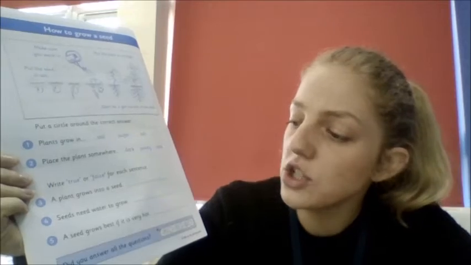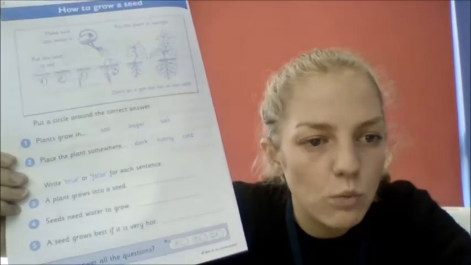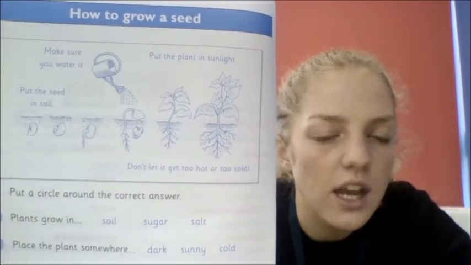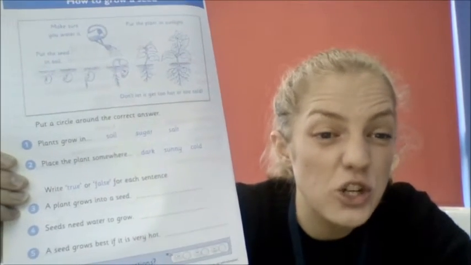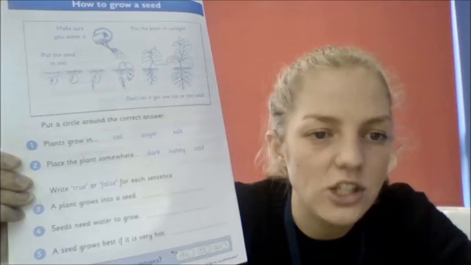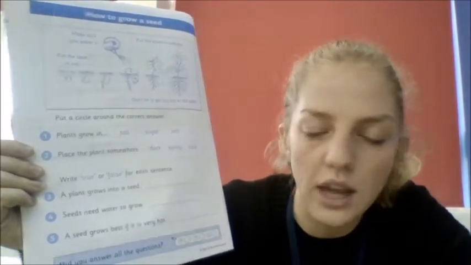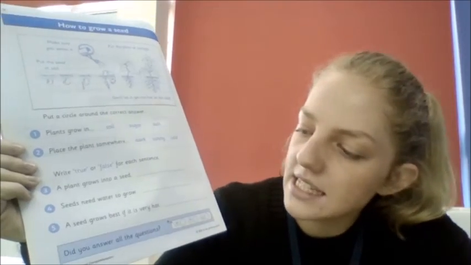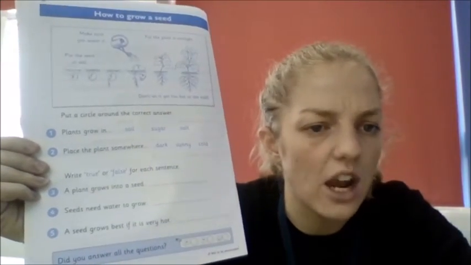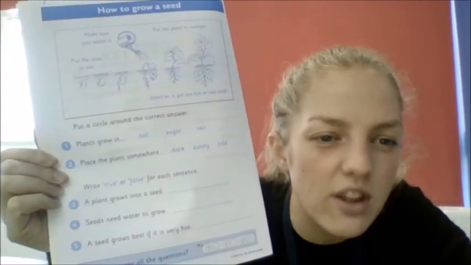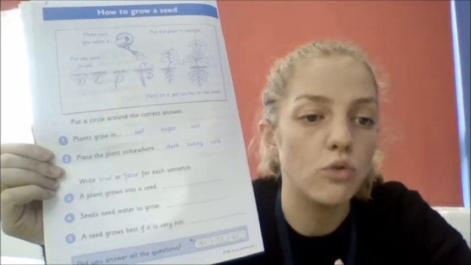Question 4, seeds need water to grow. Again, you can have a look at the pictures, read the sentences and choose whether it's true or false. You're going to write true or false on the line after these sentences. Number 5, a seed grows best if it is very hot. Again, find the sentence where it talks about the weather and the temperature that the plant needs in order to grow.